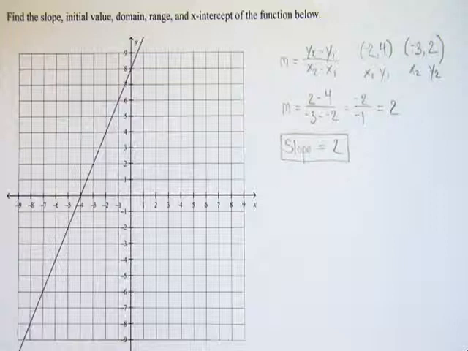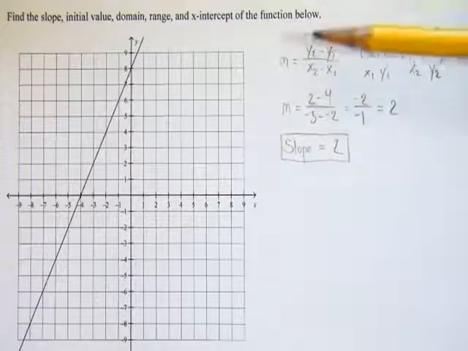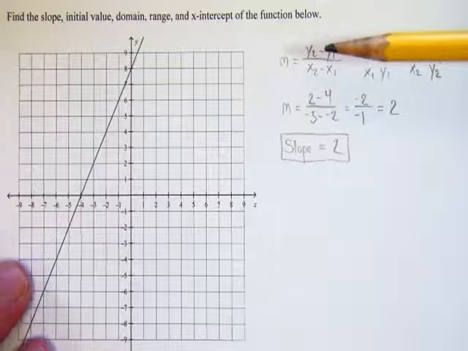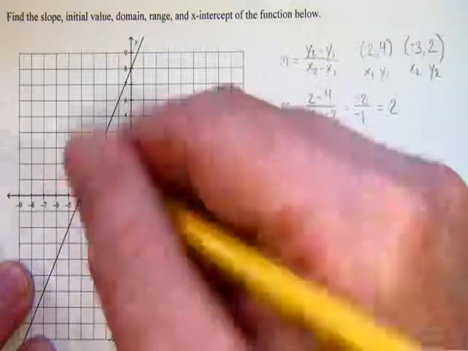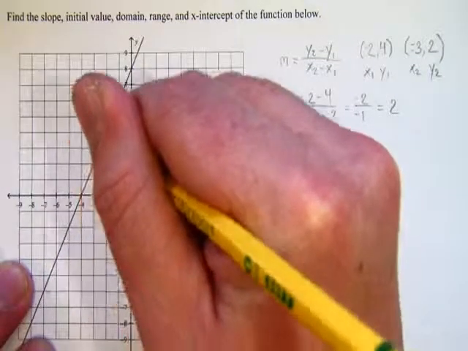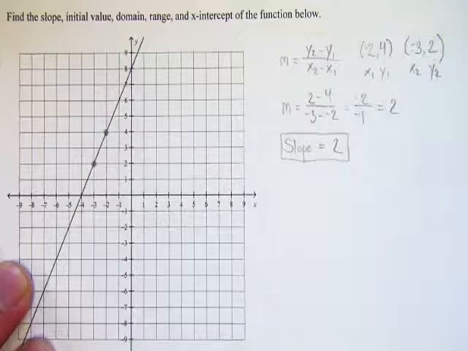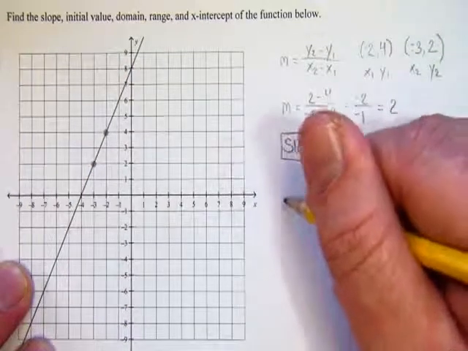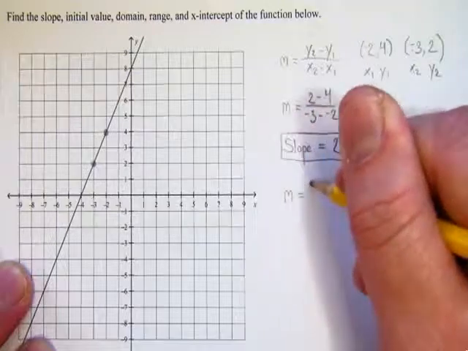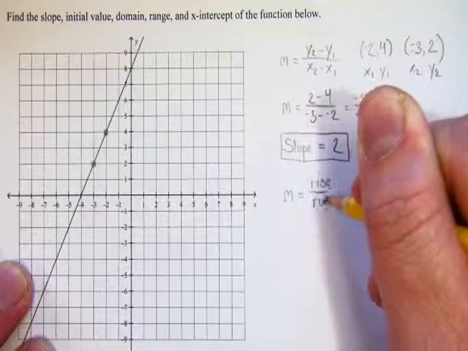However, with a graph, there's another pretty nice, easy to use method in order to find the slope. What we're going to do is take those 2 points that we saw earlier, and we're going to use another formulation of slope. That slope is rise over run.